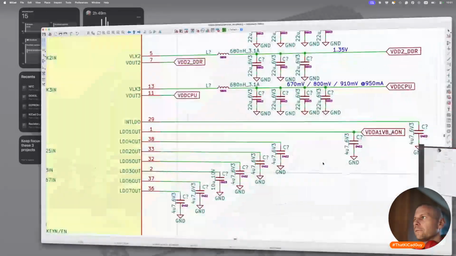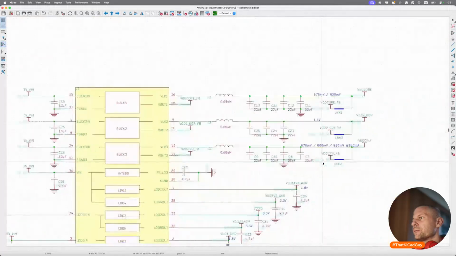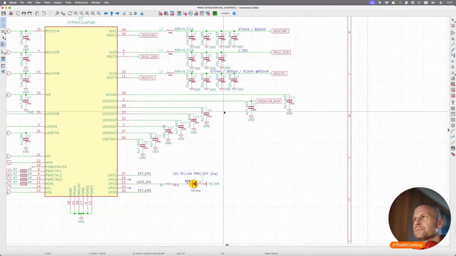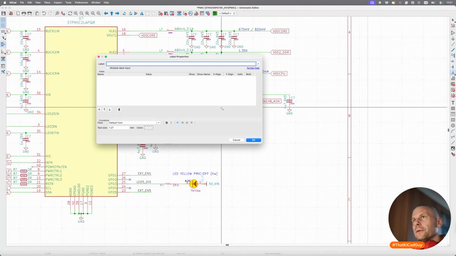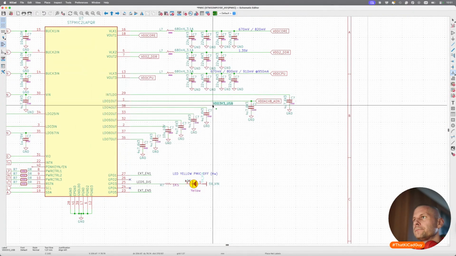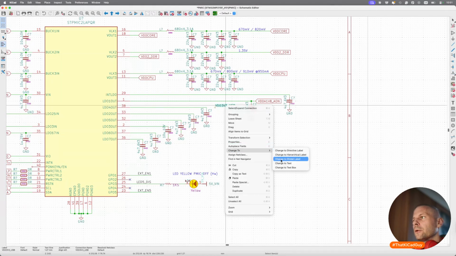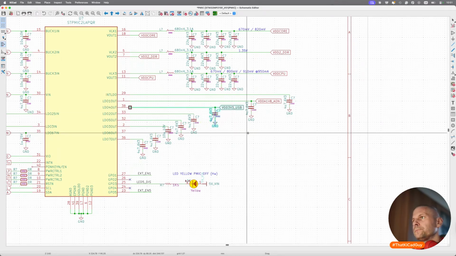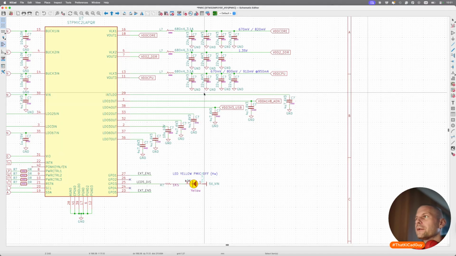LDO4 can stay in this sheet. LDO4 is USB 3.3. So again, label, global, yeah, we are getting out of space.